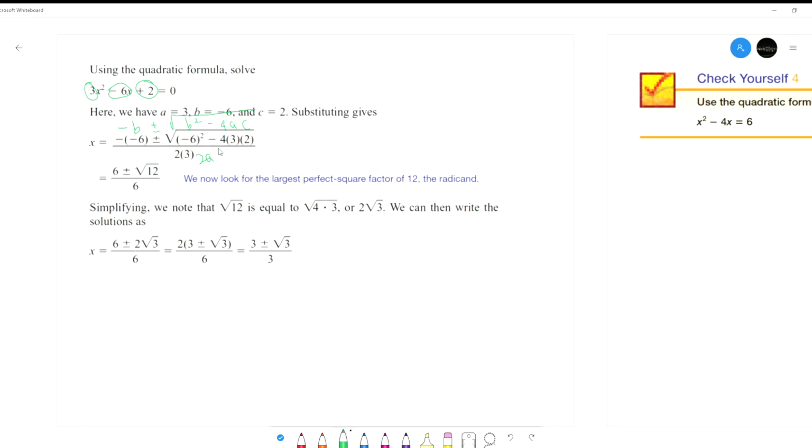So b squared is our 36 and minus 24. So the square root of 36 minus 24 gives us radical 12, which then simplifies to 2 root 3, because radical 4 times radical 3 is equal to 2 radical 3. So this is written as 6 plus or minus 2 radical 3 over 6.